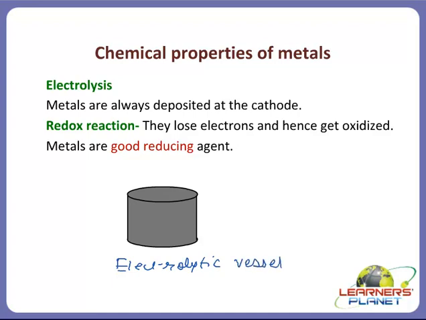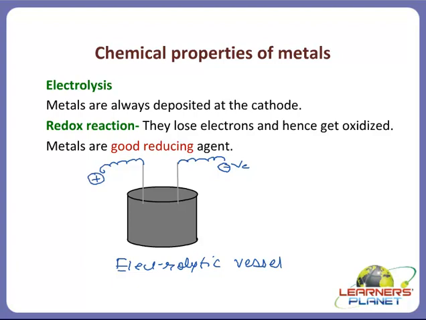Okay, children. Now this has got 2 rods dipped in it. They are formed of graphite. One of the rods is connected to the positive terminal of the battery and another is connected to the negative terminal of the battery. Clear, children?